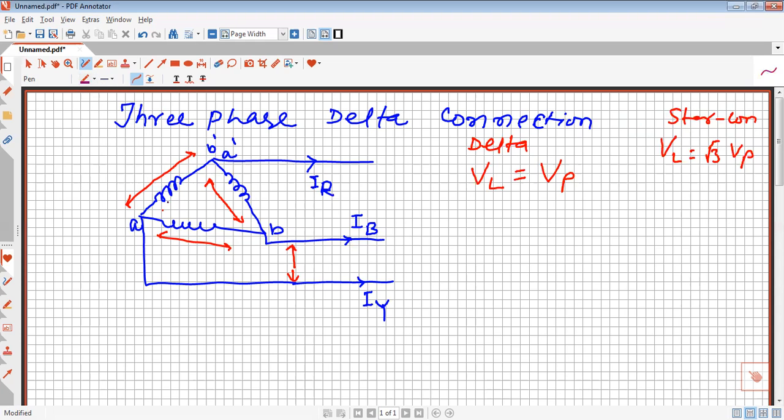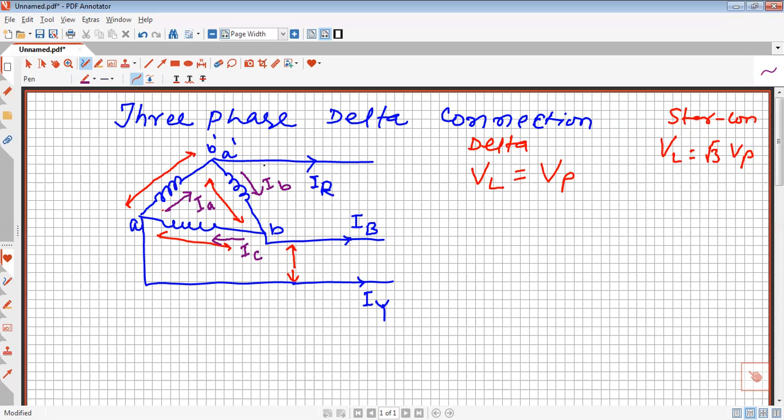Suppose here a phase current is flowing, I am writing it as IA in this direction, and IB in this direction, and IC in this direction. So here the three phase currents are IA, IB, and IC. I have taken all clockwise. You can also take all anti-clockwise.